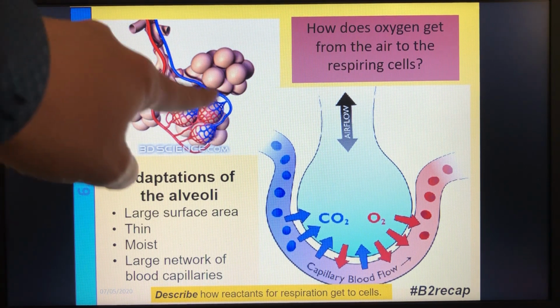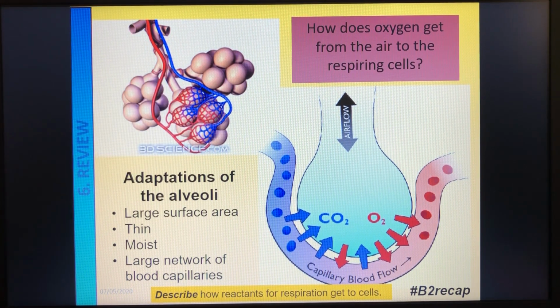And we can see this large network of blood capillaries, lots and lots of places for that oxygen to move to. If we need any extra time on that slide, pause now.